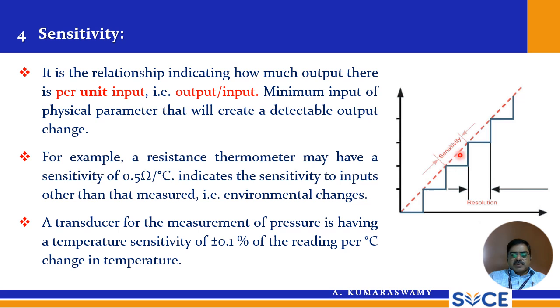The step slope indicates the sensitivity, whereas resolution is the observable change. The minimum input that produces an observable change is known as resolution. That is the step width, so step width becomes resolution here. That is the minor difference between sensitivity and resolution.